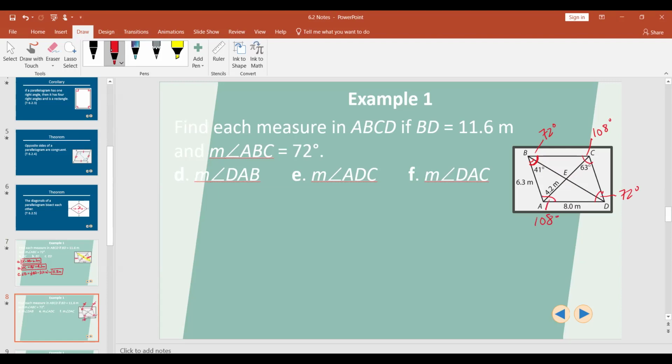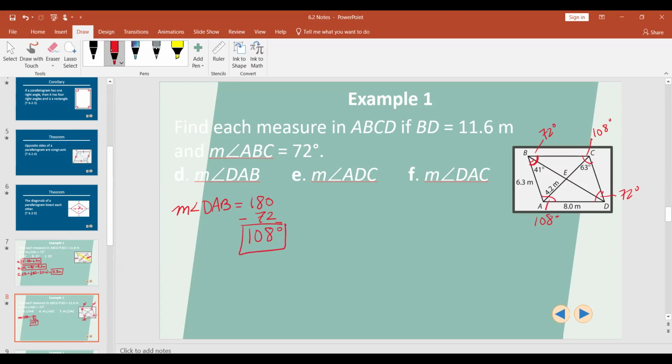All right, so the measurement of angle DAB, we just determined is 108. So the measurement of angle DAB is equal to 180 minus 72. All right, so DAB is 108 degrees.